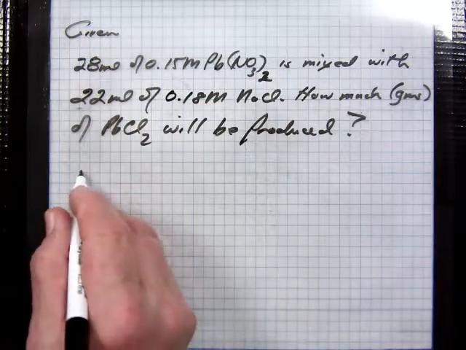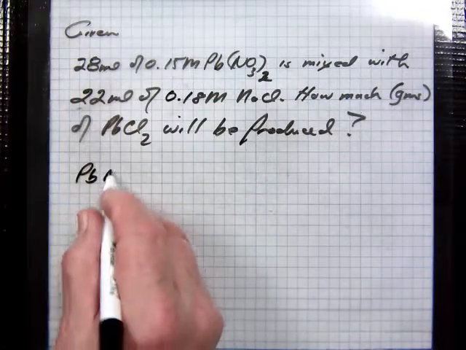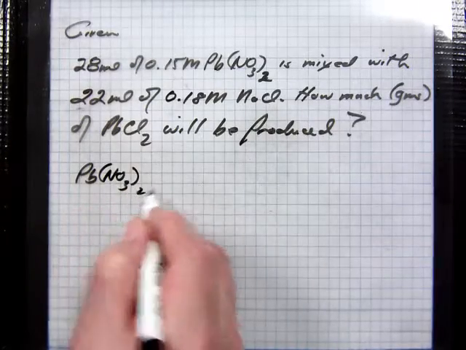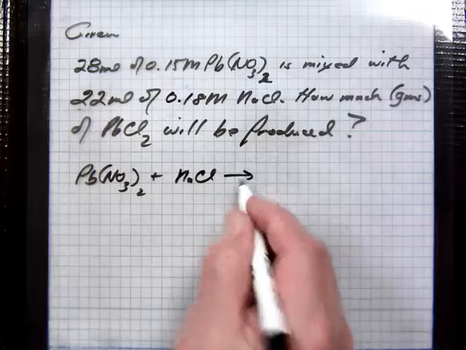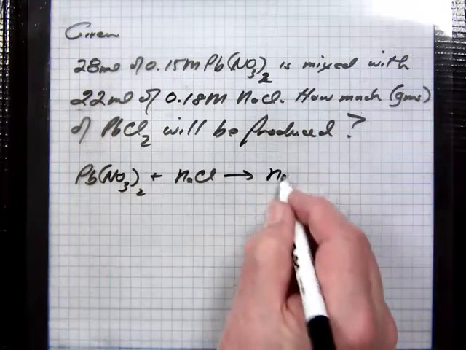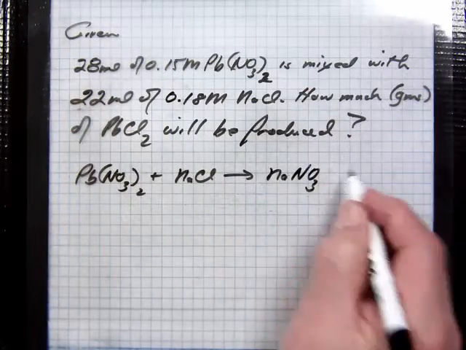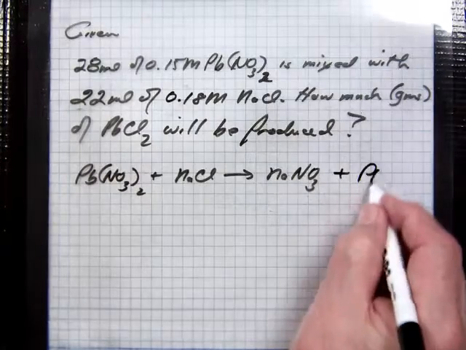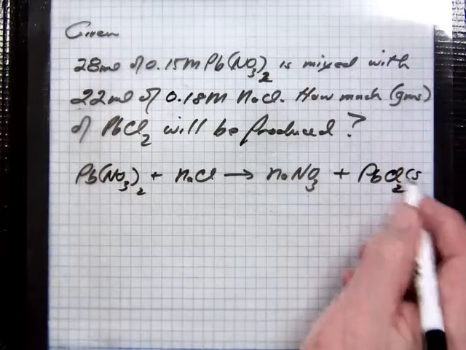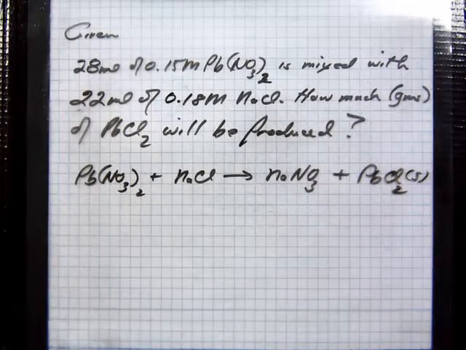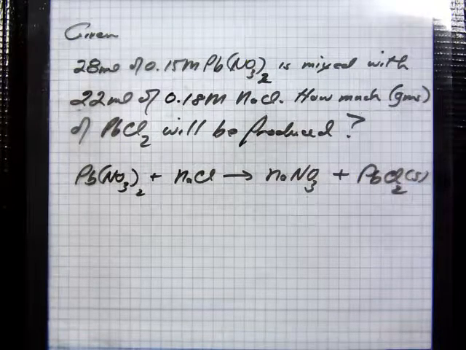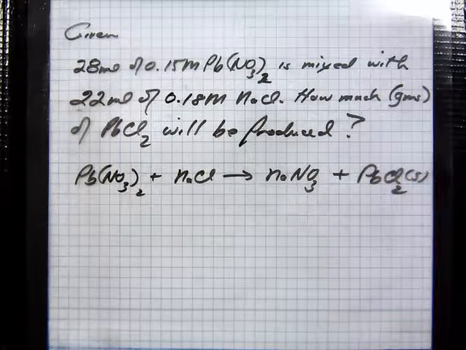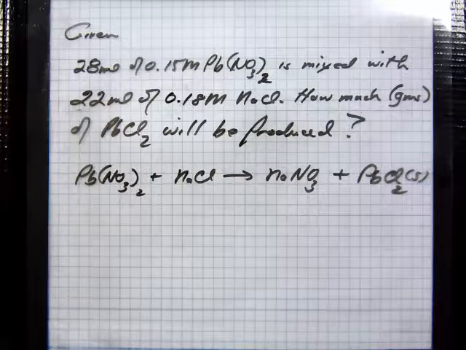Here we have lead nitrate plus the sodium chloride. Exchange goes to sodium nitrate plus the lead chloride, and that'll be one of the happy halides. That'll be your driving force, coming out as a solid. How much in grams of lead chloride will be produced from this solution reaction?